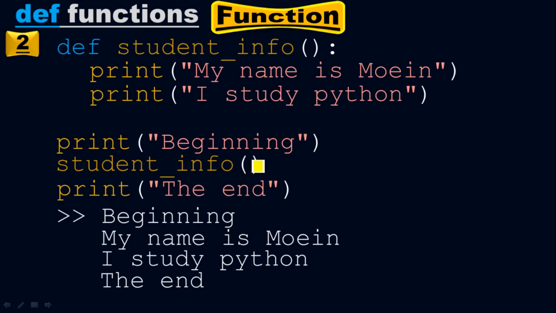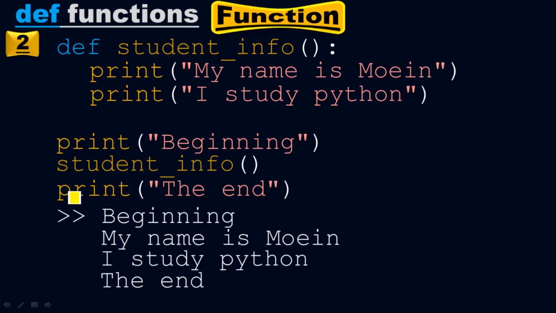Once we call the defined function, it goes up, and it activates, it operates, it executes, and then under this statement, we have another two built-in functions: print of "My name is Moein", print of "I study Python". So the statements inside these two print functions will be printed here in the output.